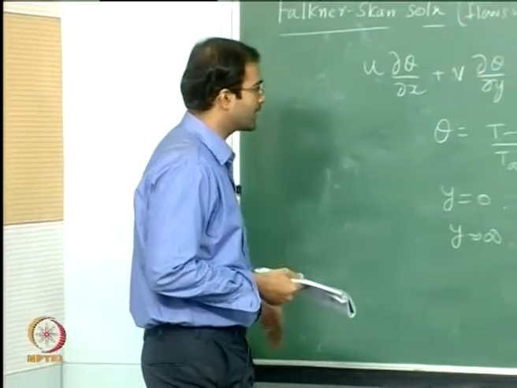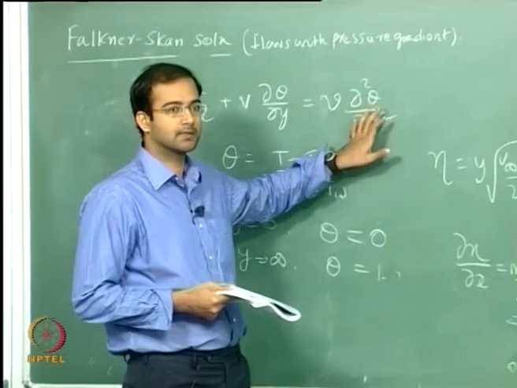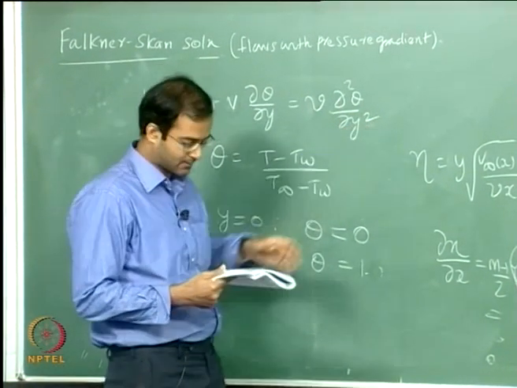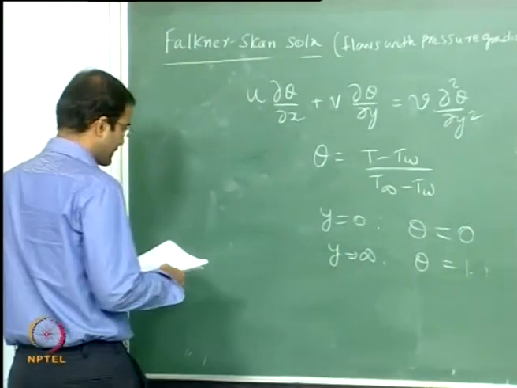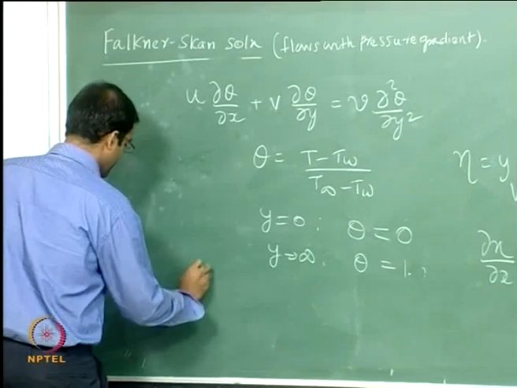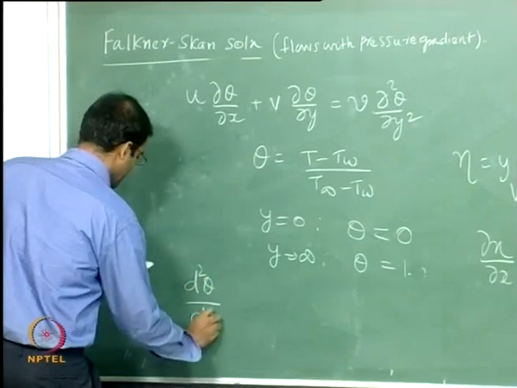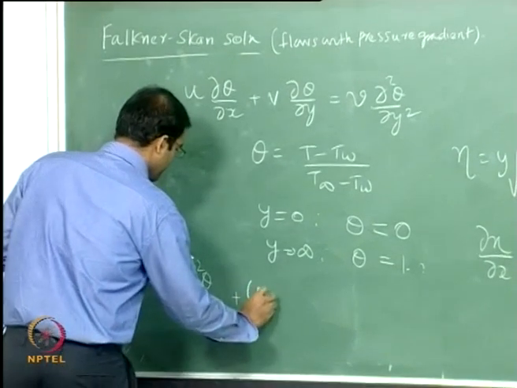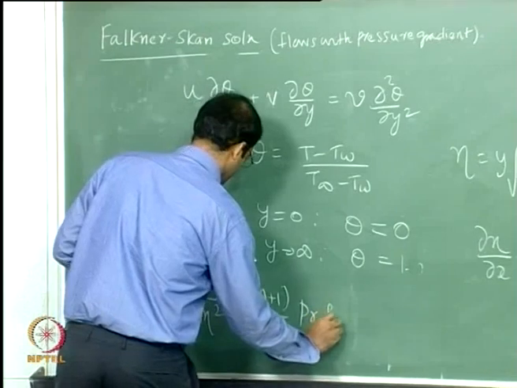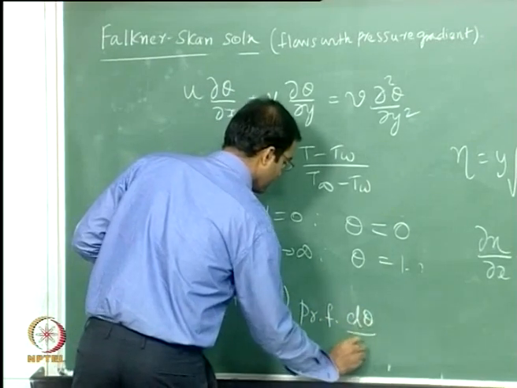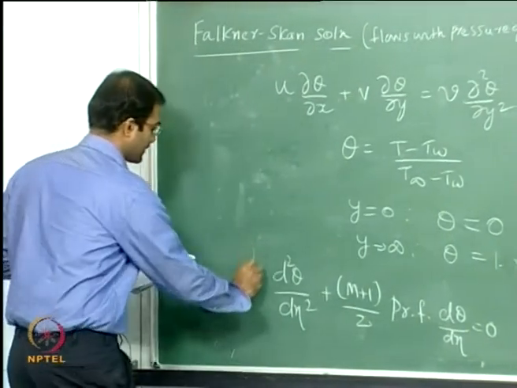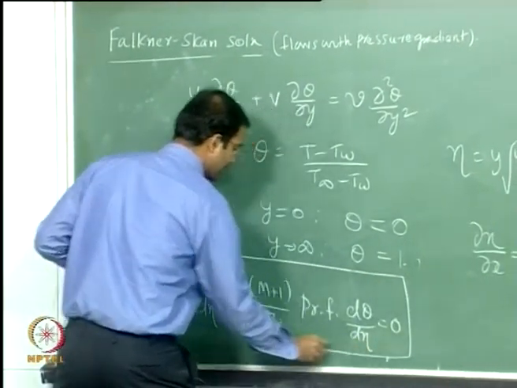So appropriately you do all the substitution and transform this in terms of the similarity variable and everything in terms of f, and you will get the similarity equation for energy, d square theta by d eta square. So this is your energy equation.